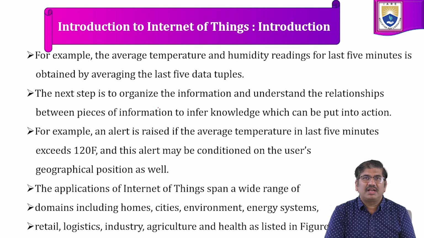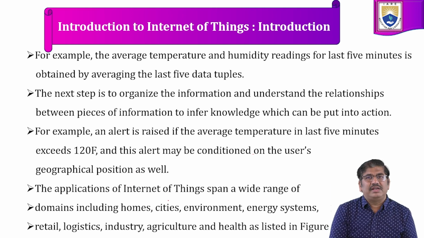The next step is to organize the information and understand the relationships between the pieces of information to infer knowledge which can be put into action. For example, an alert is raised if the average temperature in the last 5 minutes exceeds 120 degrees Fahrenheit. And this alert may be conditioned on the user's geographical position as well.